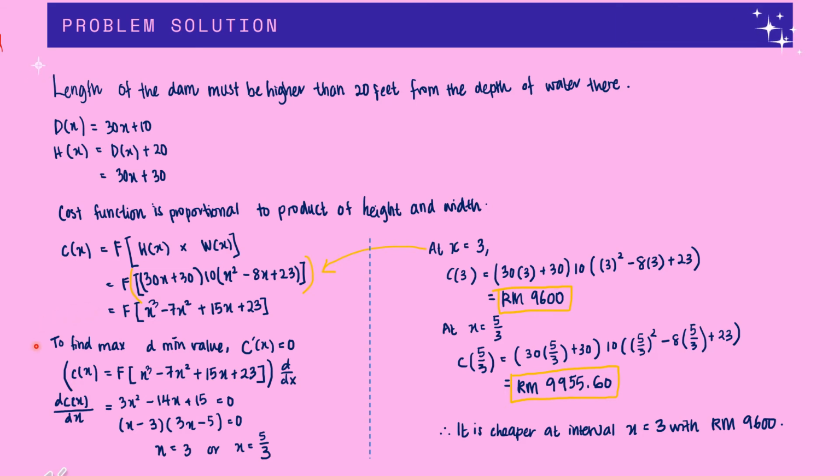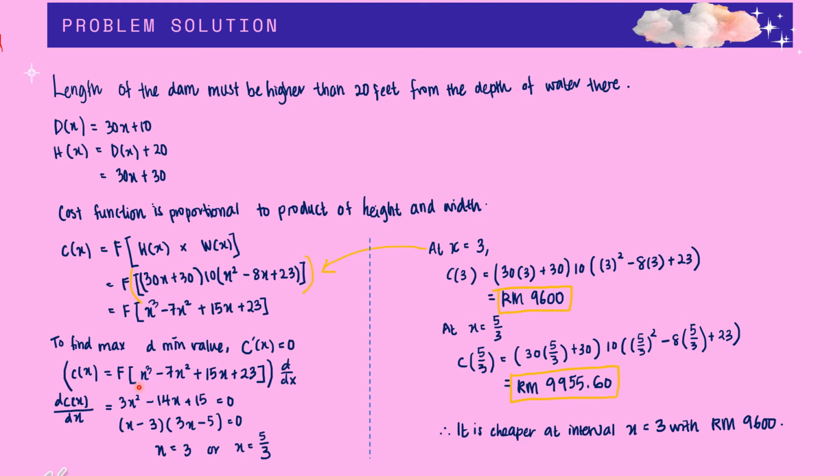To find the maximum and minimum value, we again let the first derivative of the function equal 0. In this case, C prime of x equals 0. So we differentiate. C(x) equals the function. When we differentiate, the power minus 1, and the original power goes in front.